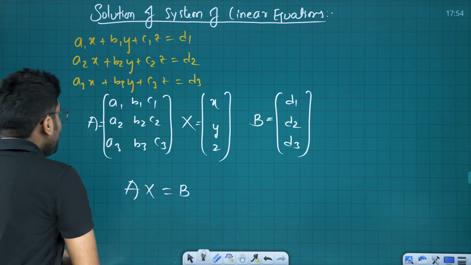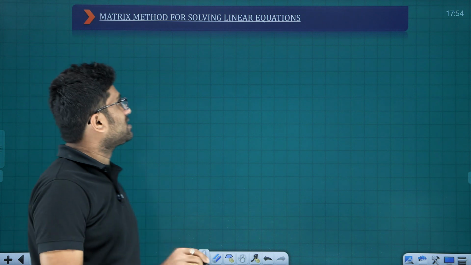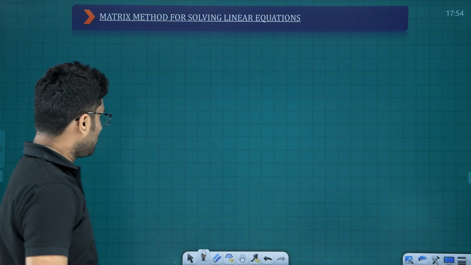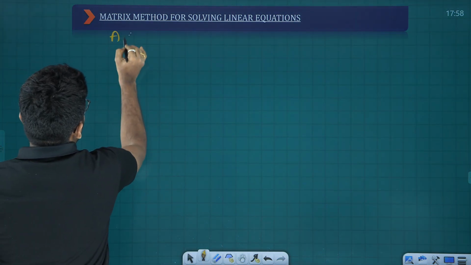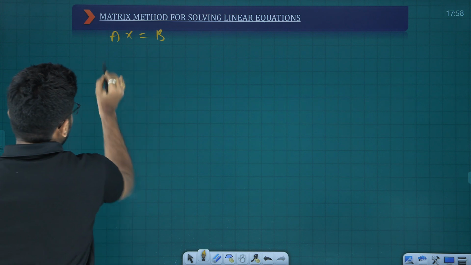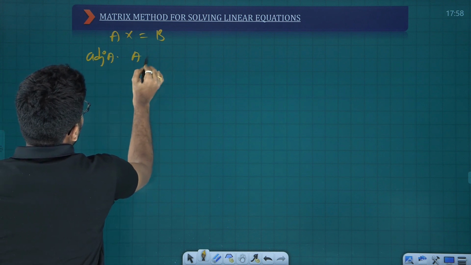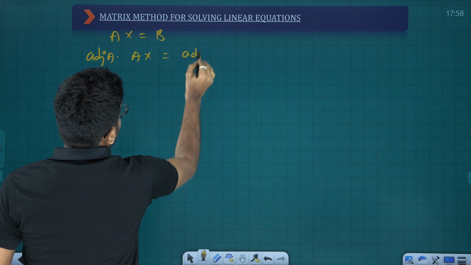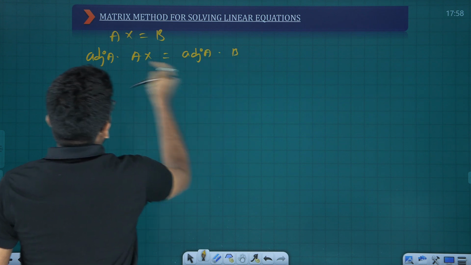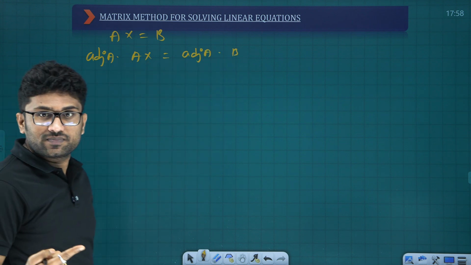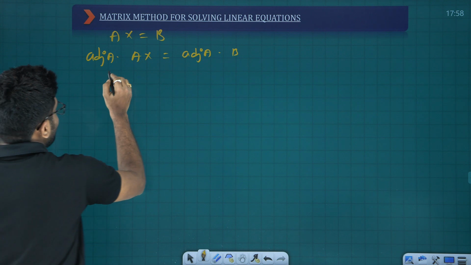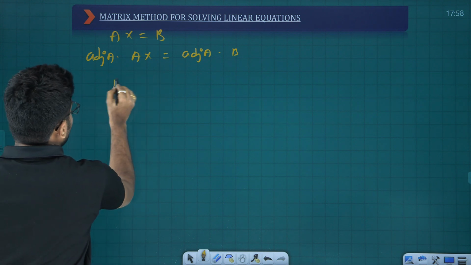Okay. Now how are we going to solve by using the matrix inversion method? We have the equation AX is equal to B. Multiply with adjoint A on both sides: adjoint A into AX is equal to adjoint A into B. We know adjoint A into A is det A into I. So det A into I into X is det A into X only.